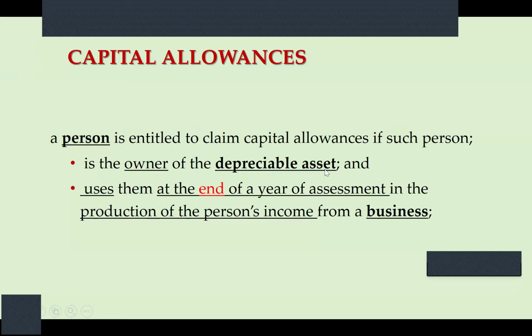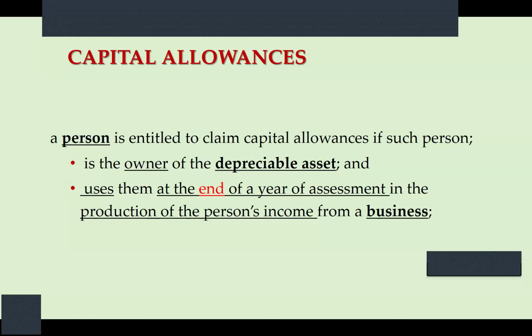So there should be a depreciable asset. That means for the deduction of capital expenditure, that expenditure should be incurred for a depreciable asset. For the depreciable asset, we have given a specific definition. I have explained it in our first or second session. Depreciable asset means an asset we are using for the production of business income. When we are using that asset for the production of business income, the value of that asset is diminishing.